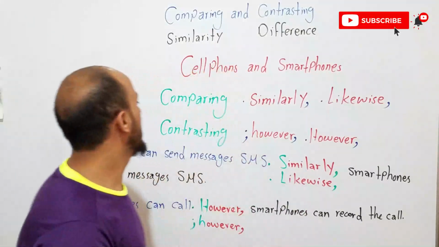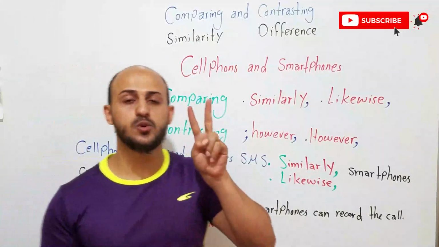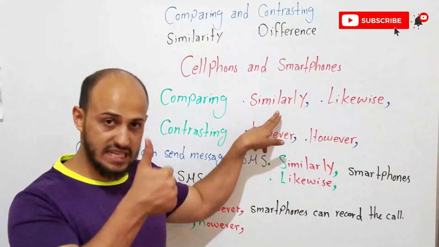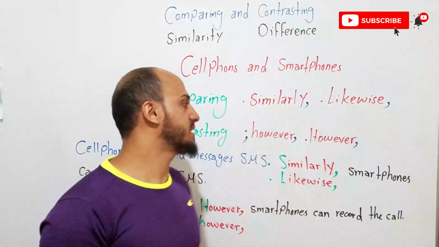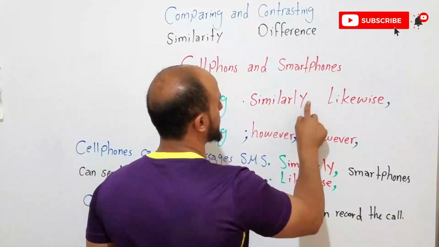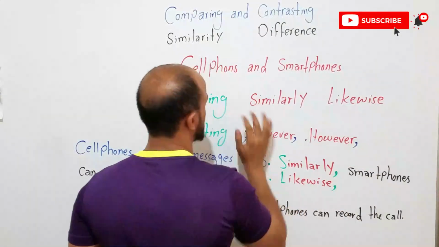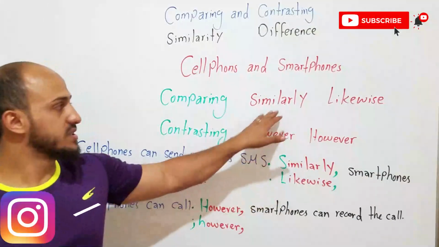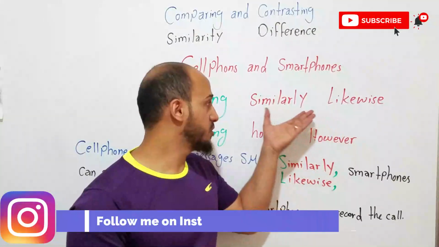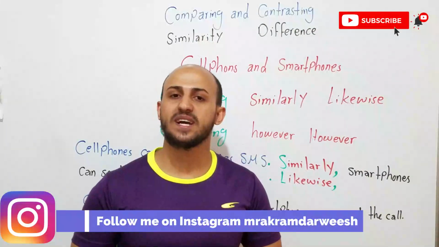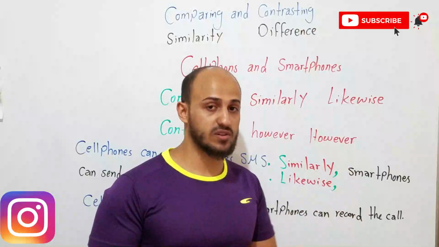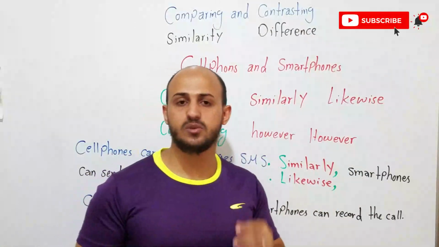When we compare, we need two what? Transitions. Similarly and likewise. One time you use similarly, one time you use likewise. Good. Now, contrasting, we use however. The same one, but a different use.